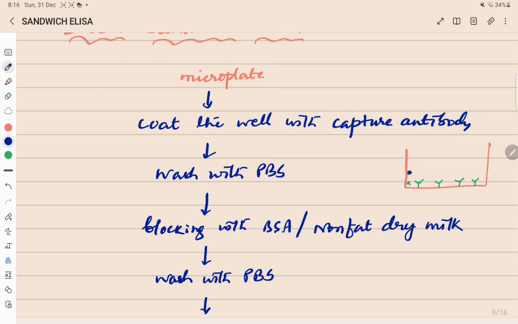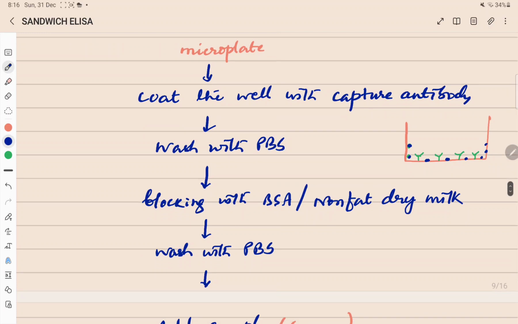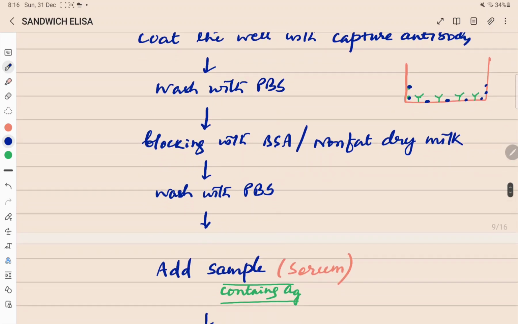Suppose these are the blocking agents like BSA, so the spaces are blocked now. Then we will wash with PBS to remove any excess blocking agent. Then we will add the sample which contains the antigen. Suppose this is the antigen. Now if the sample has the antigen, it will bind.